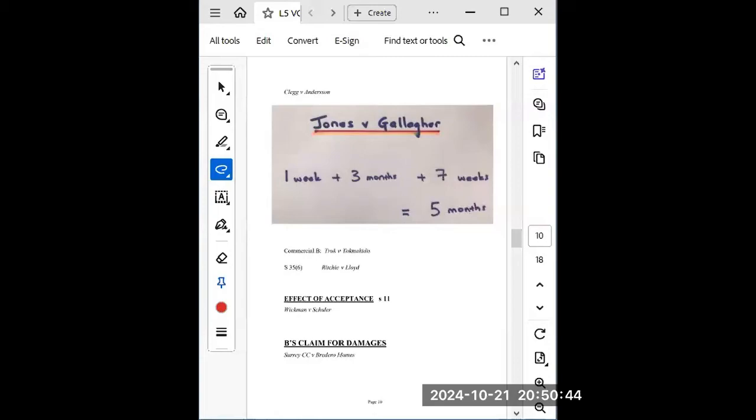The Court of Appeal said, first of all, the seller was in breach of Section 14(2). A reasonable person would not regard the yacht as satisfactory. The second thing the court said was the buyer had not yet accepted the yacht within Section 35.